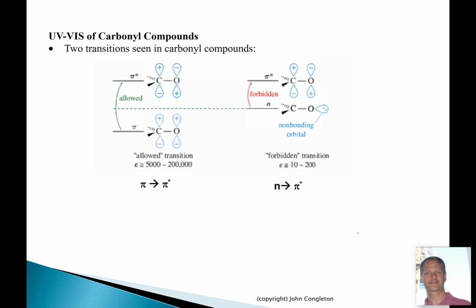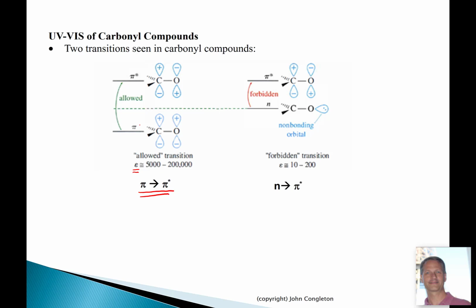Now, one thing that we're going to see for our experiment, which is specific to our carbonyl experiment, is that there are transitions involved for the carbonyl compound. There are two transitions seen here. We have this transition called the allowed transition, with epsilons at 5,000 to 200,000, and that's your pi to pi star.